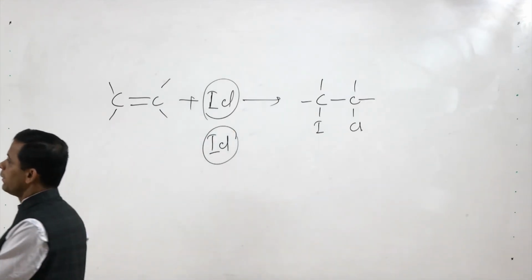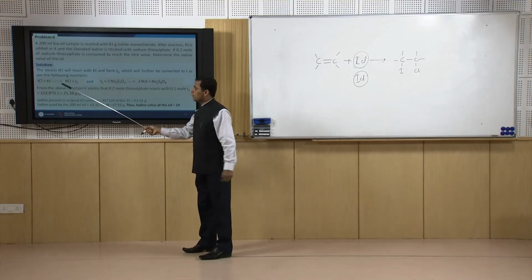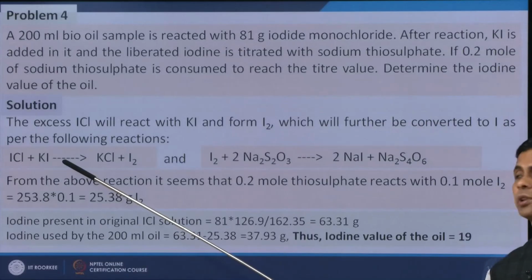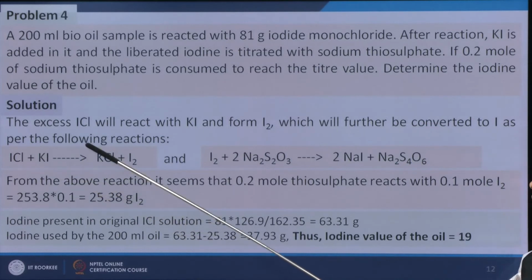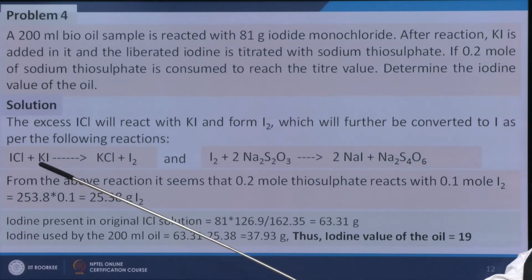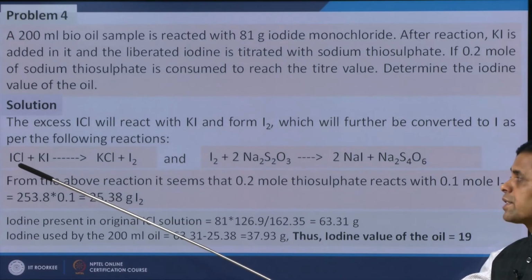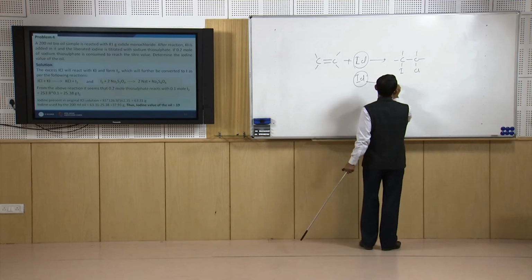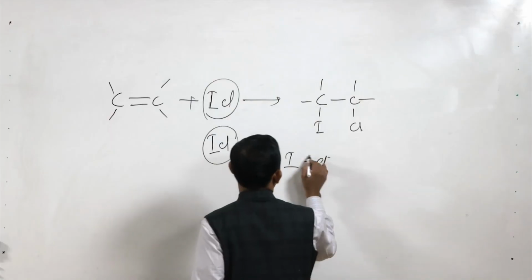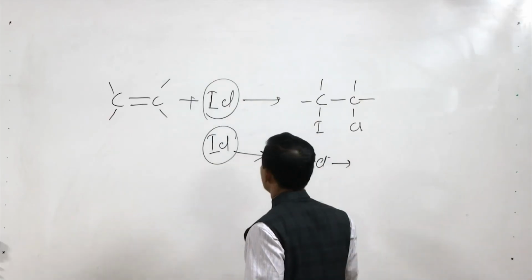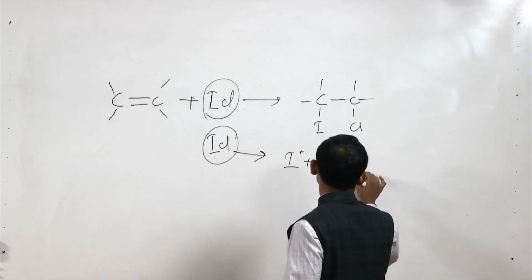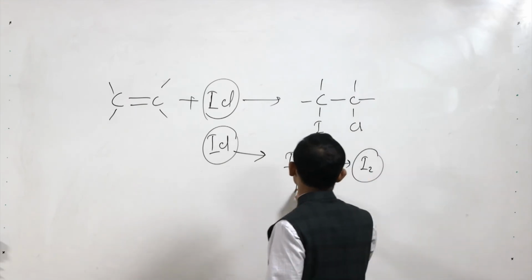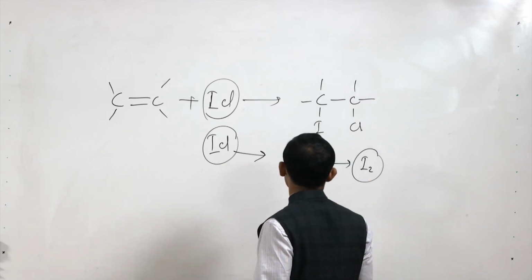That ICl will react with KI when we add some additional KI into the solution after the reaction. That KI will convert the iodide present in the solution to iodine. So, the ICl which is present in the solution will give us iodine in the presence of KI.